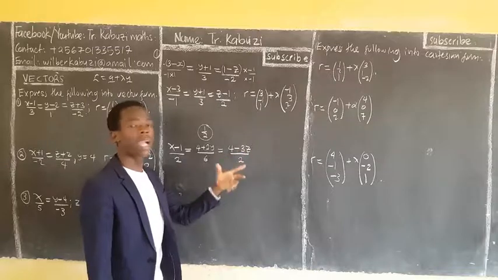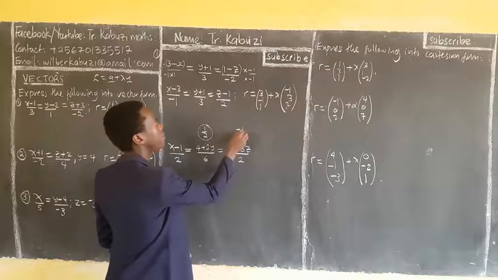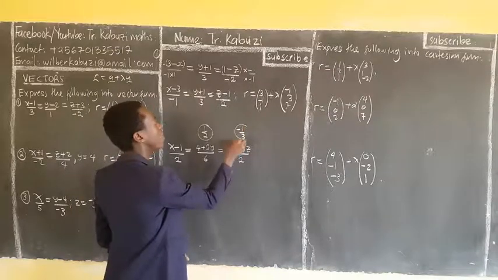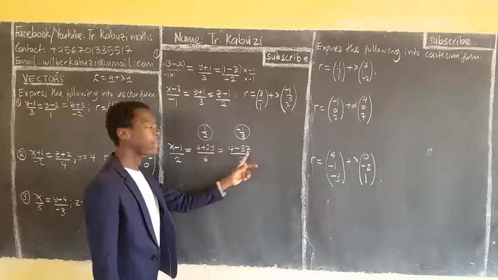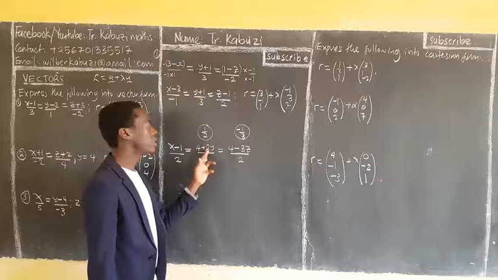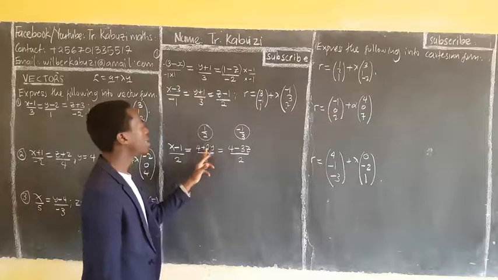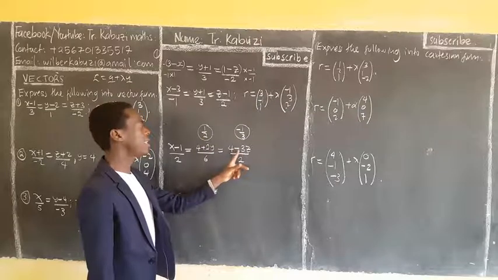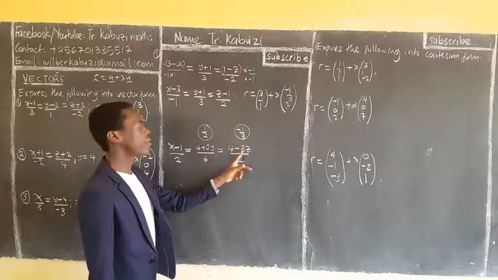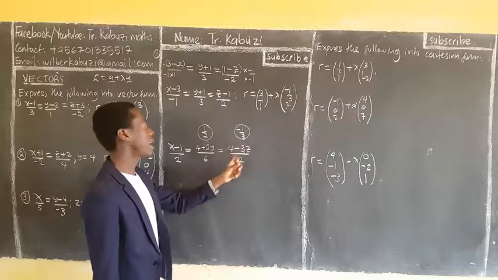The reciprocal of -3 will be -1/3, so on this I'm going to multiply through by -1/3. We base on the coefficient of z here, and on the coefficient of y here. This is 2, its reciprocal will be a half. This is -3, its reciprocal will be -1/3. So we multiply it here and here.